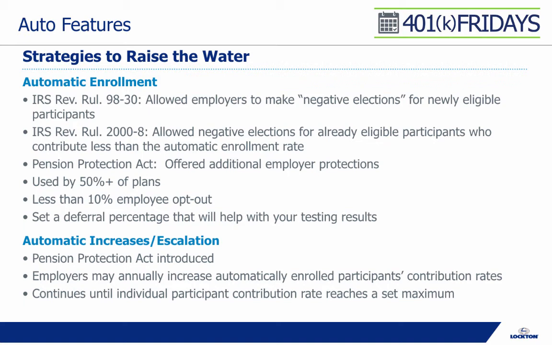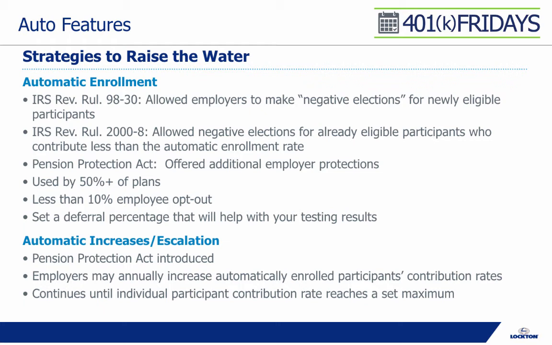The Pension Protection Act offered additional employer protections and really accelerated the implementation of automatic enrollment in 401k plans. As we sit in 2016, automatic enrollment is used by more than 50% of plans. And one of the key advantages to automatic enrollment is that as we've looked at the statistics over the last 10 or so years where automatic enrollment has really gained popularity, less than 10% of employees who are automatically enrolled opt out.